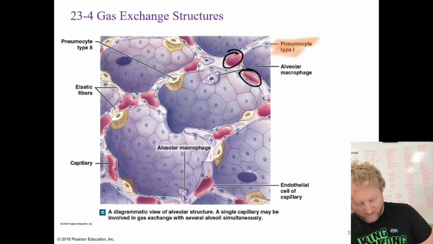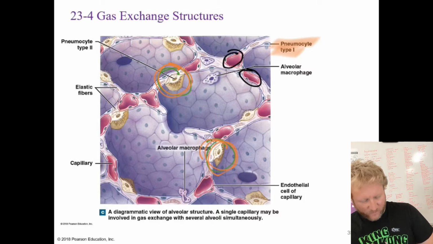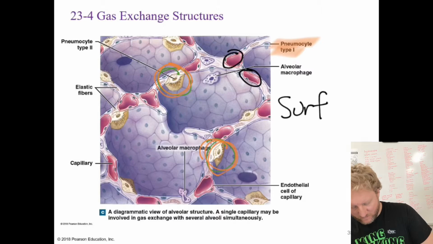And then you also have these other cells right here. These are the pneumocyte type 2. And these cells are responsible for making a substance known as surfactant.